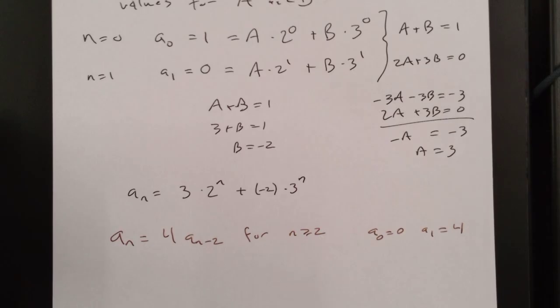Now, I told you I'd show you the shortcut. I'm going to divide by r to the n minus 2. How many r's am I going to end up with on the end? I'm going to end up with 0 of them.